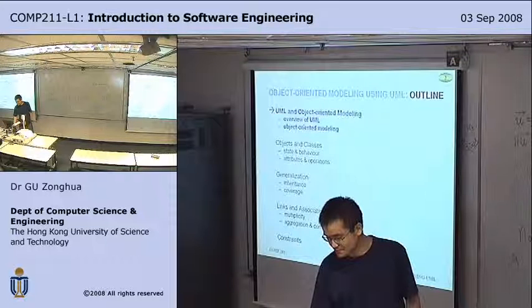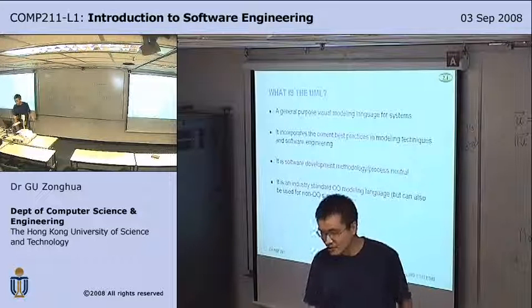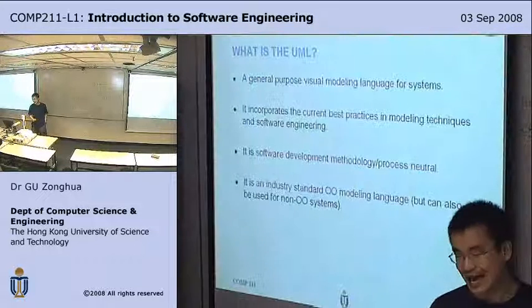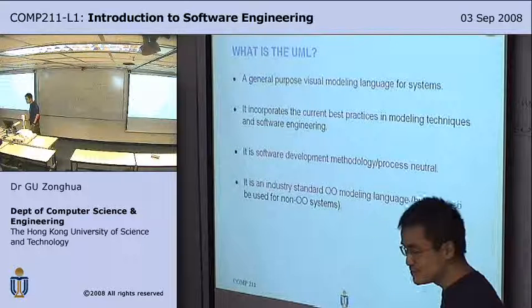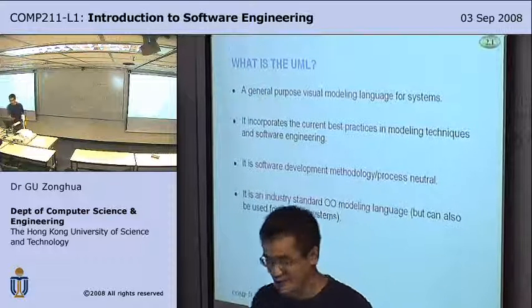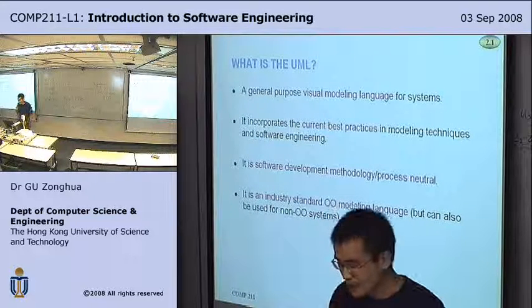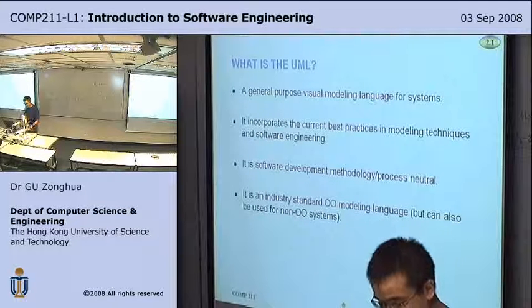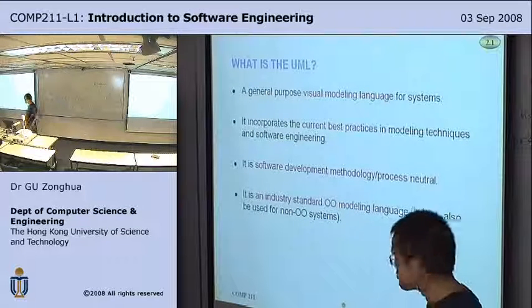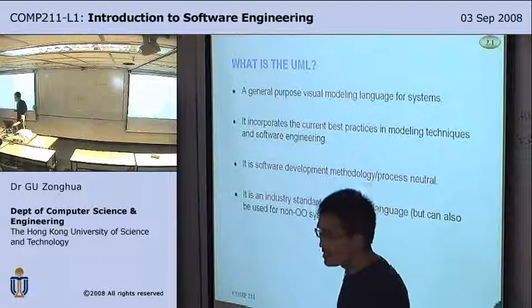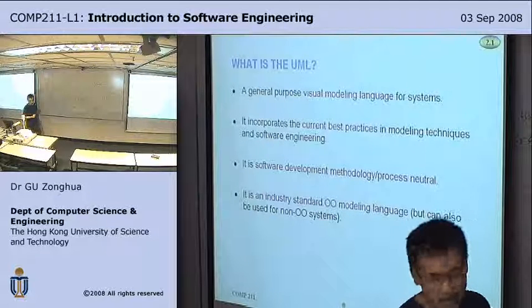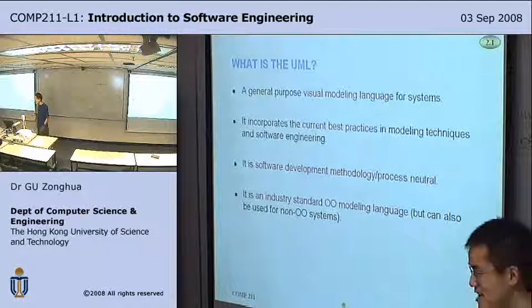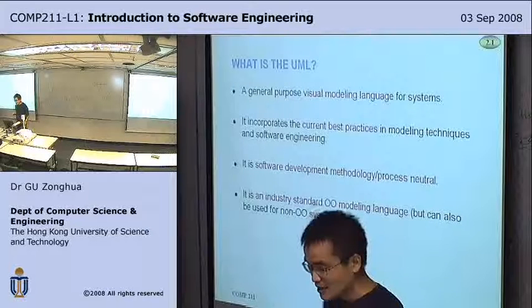So UML is called Unified Modeling Language. It's a general-purpose visual modeling language for systems. It incorporates best practices in modeling techniques and software engineering. Best practice refers to the experience and knowledge that people have summarized from many years of past experiences.